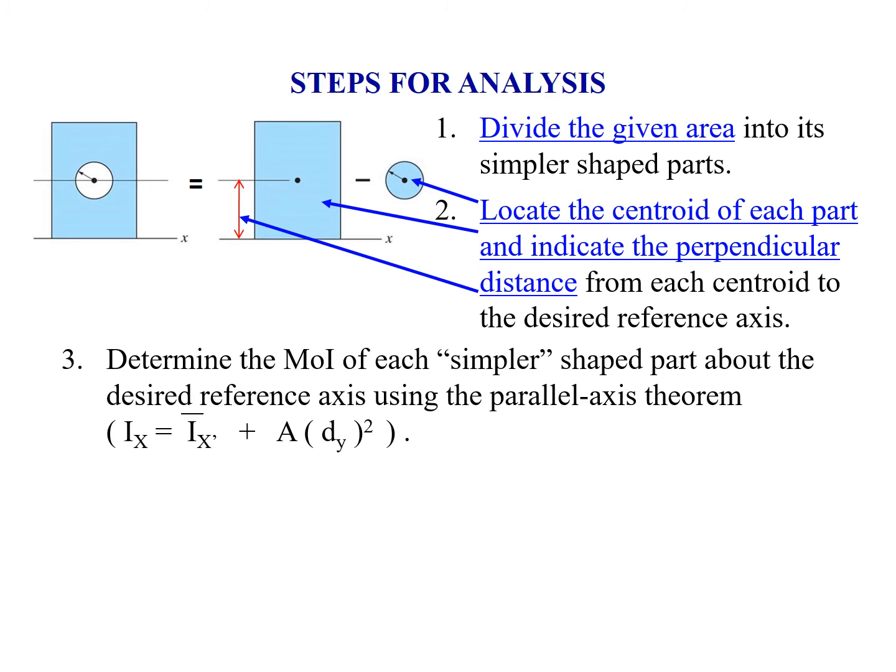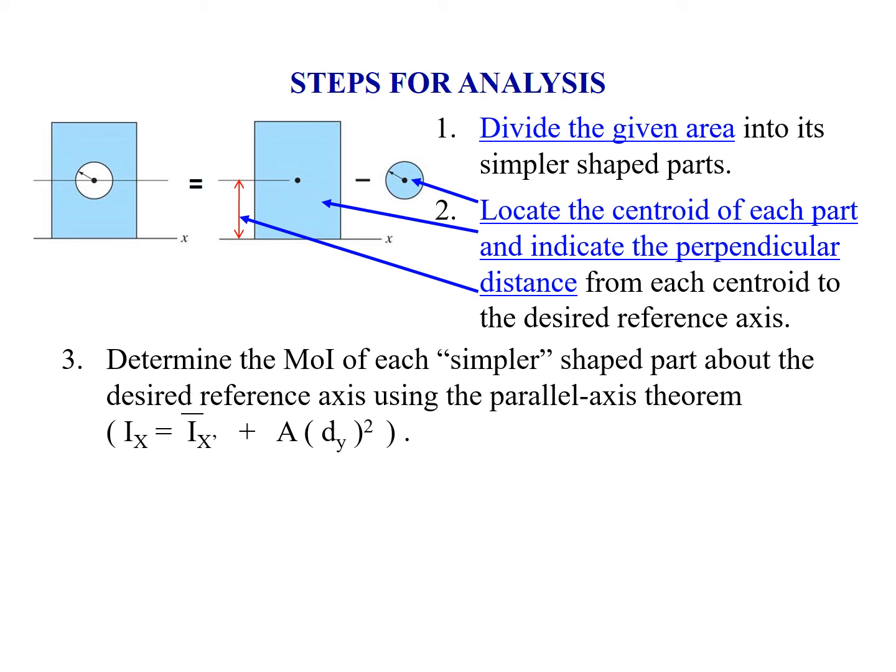Then we determine the moment of inertia of each of the simpler shaped parts about the desired reference axis using what's called the parallel axis theorem. So we can find the moment of inertia about the x-axis by finding the moment of inertia about the x prime axis plus the area times the distance between those two axes squared.